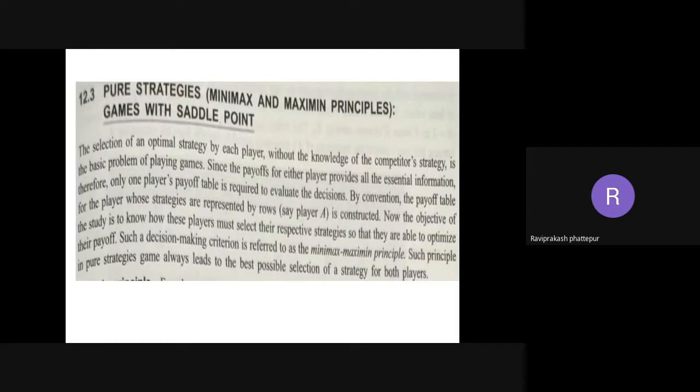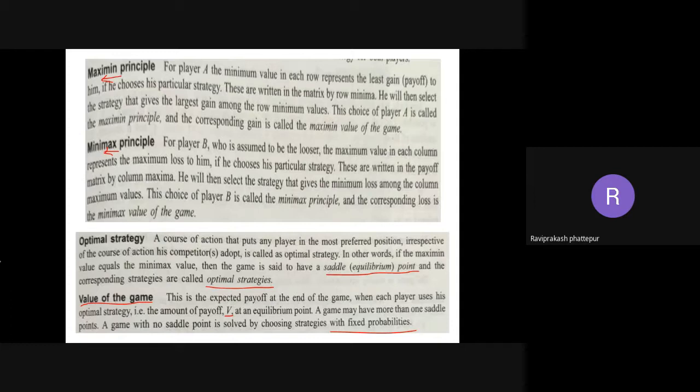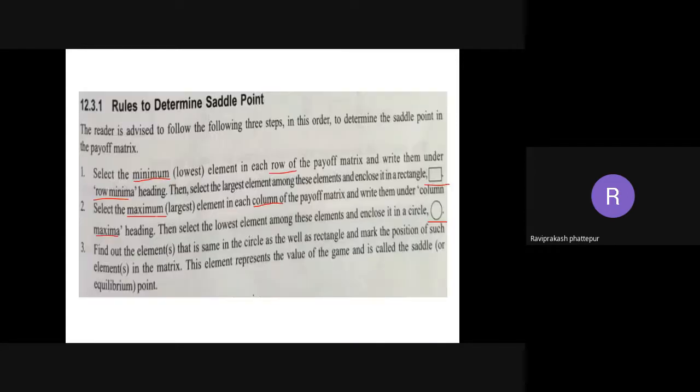Then we saw what a saddle point is, and what the maximin and minimax principles are. Then what is optimal strategy, and what is the value of the game: the value at the saddle point is the value of the game. Then the rules to get the saddle point. Always remember minimum to row and maximum to column.